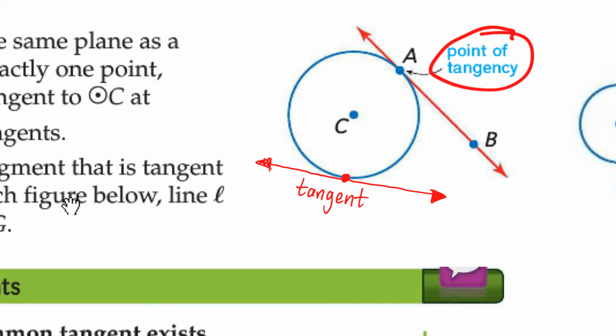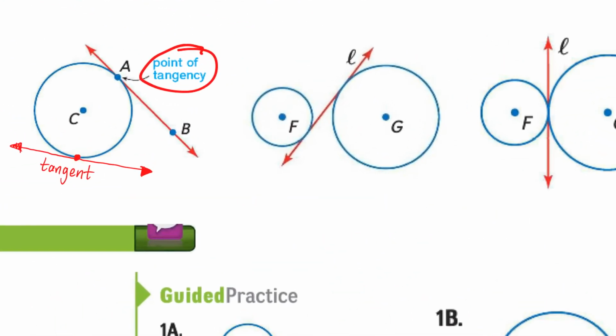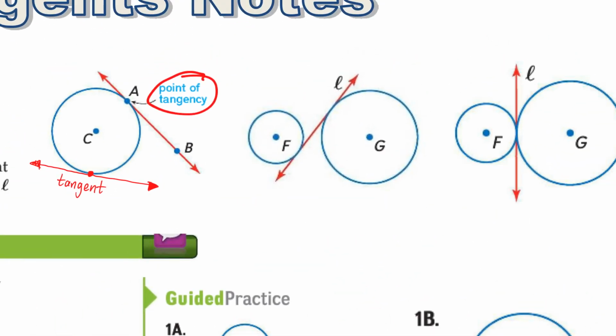Okay, now we have what we call common tangents, and that's where two or more circles have a tangent to them at the same time. Like right here, this is a common tangent, because it's tangent to that circle and it's tangent to that circle right there.